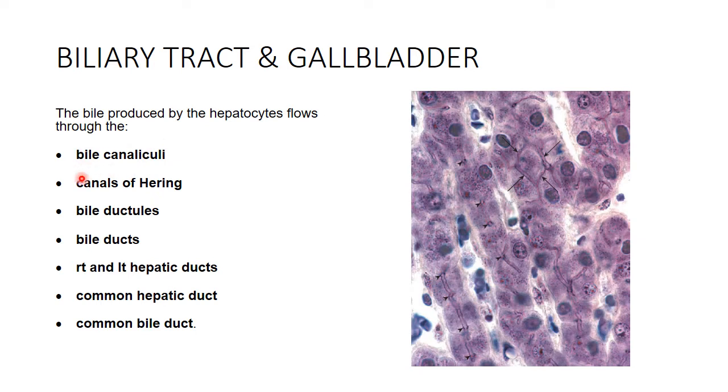So starting with the bile canaliculi, as you know from the previous lecture, bile canaliculi is the smallest branch of the biliary tree, and it's formed by the opposed grooves in the surface of adjacent hepatocytes.